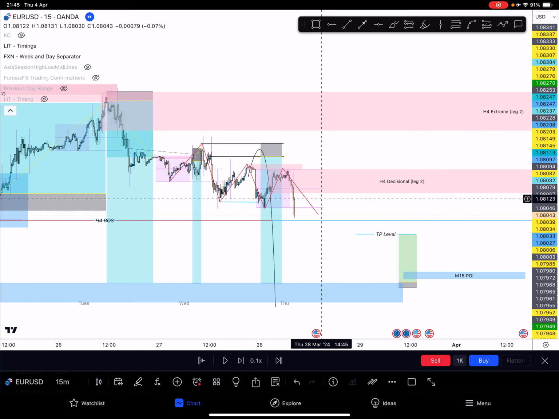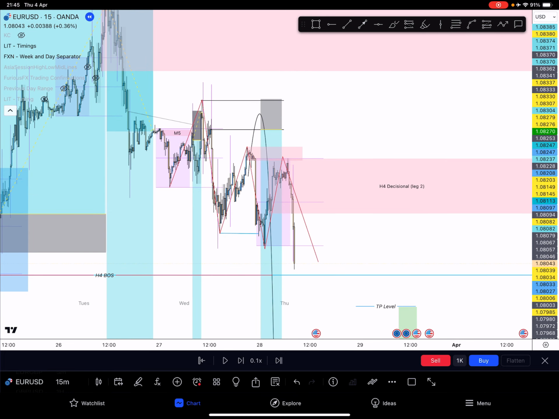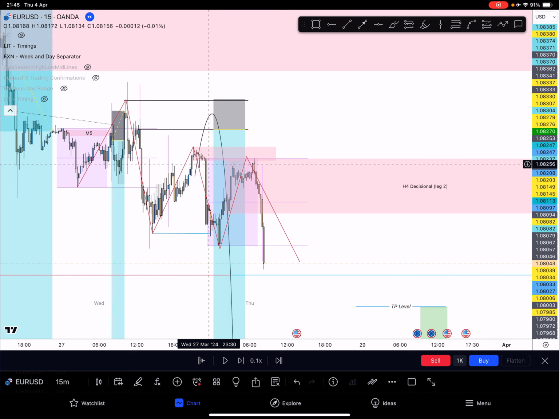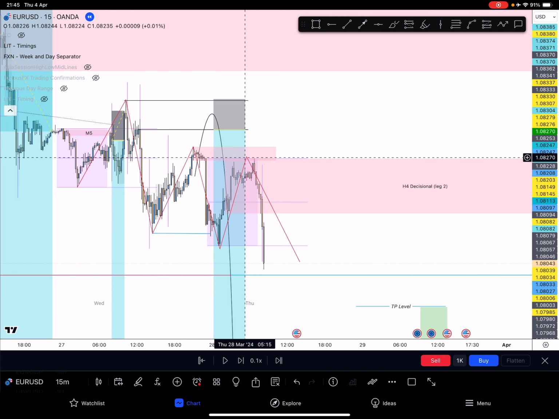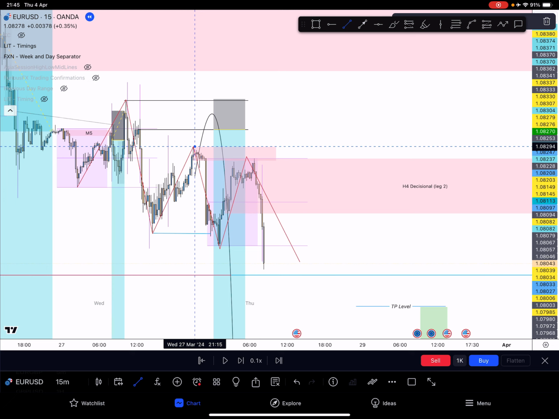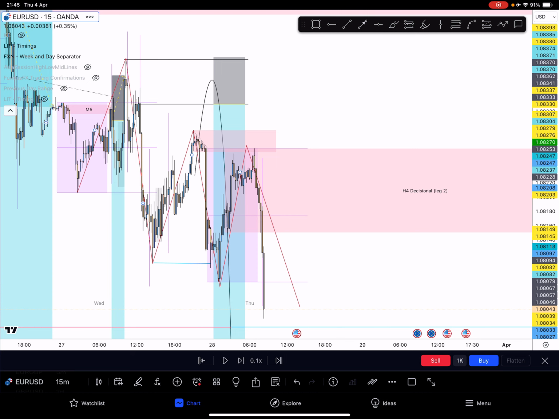I ended up missing this entry. And another thing is, when you look at Asia, I don't think that I would have been able to take this trade, because if we add the Asia element, you see that this too is liquidity. So to catch a trade from here, you need to be really on boss level.